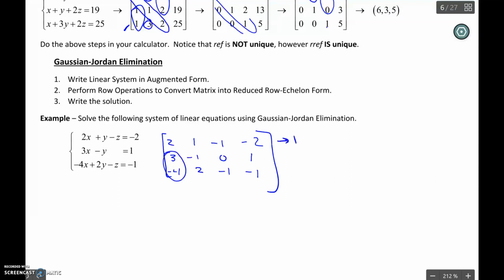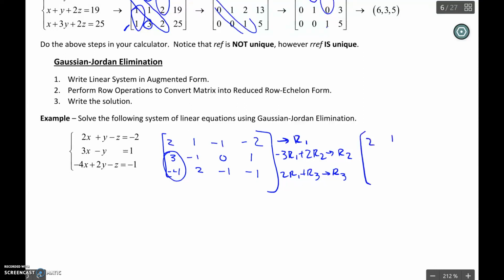So I'm going to keep row 1. I'm going to do -3 row 1 plus 2 row 2 to be my new row 2. And I'm going to do 2 row 1 plus row 3 to be my new row 3.